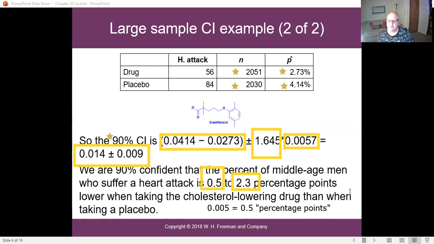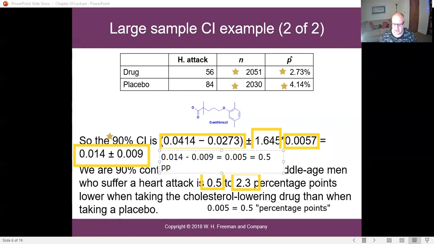So percentage points means percent. It's like writing the percent sign. And just so that you know when you see that, this is the way it is because it's the idea of 0.014 minus 0.009 equals 0.005, which is 0.5 percentage points. I'm calling them PP for percentage points.